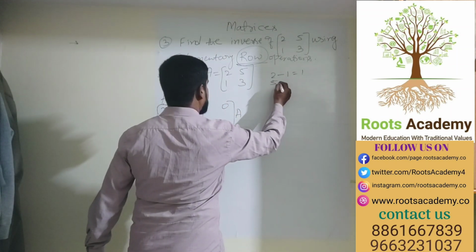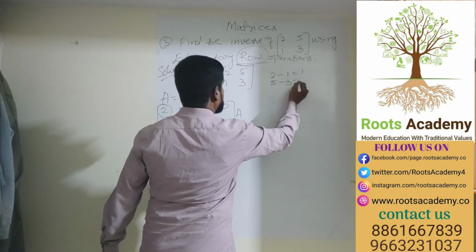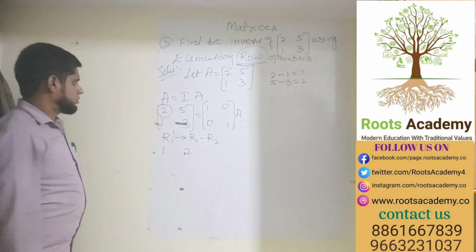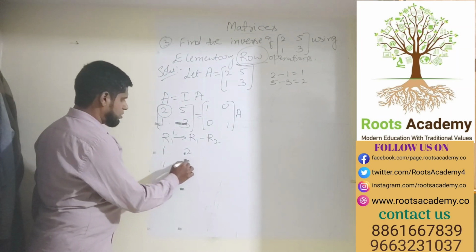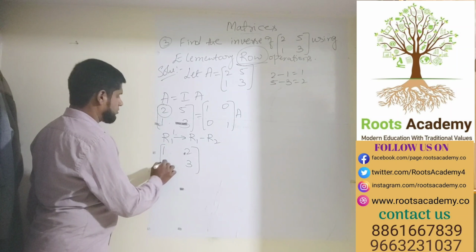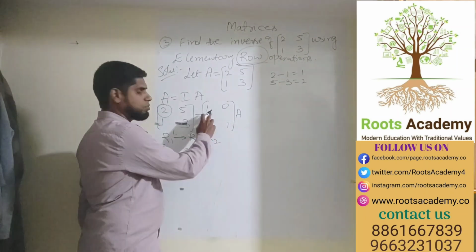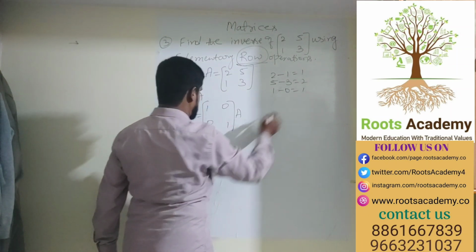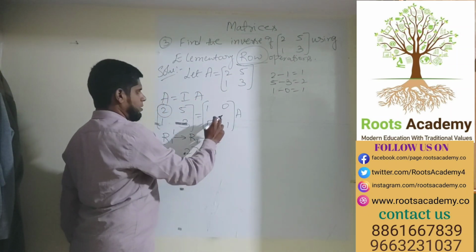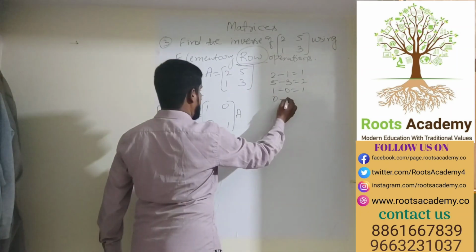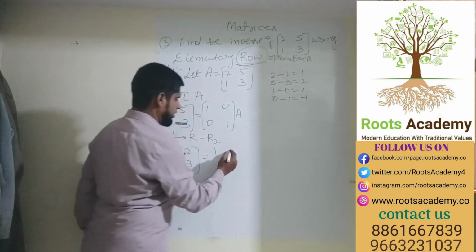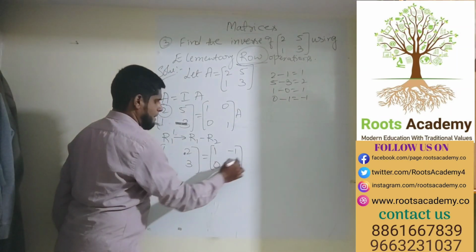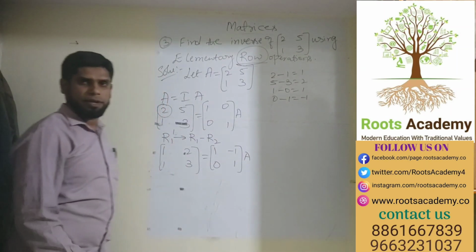Next I have 5 here. 5 minus 3, it's 2. Next the second row as it is, 1 3. That should be equals to this 1 minus 0, it's 1. The next 0 minus 1, it's minus 1. Second row as it is, no changes, into A.